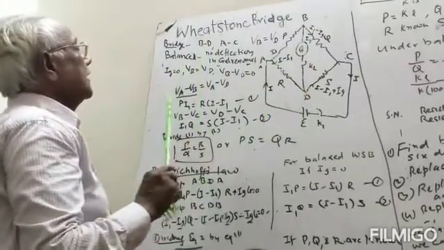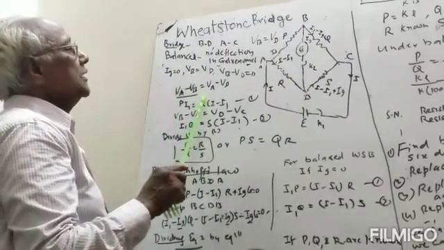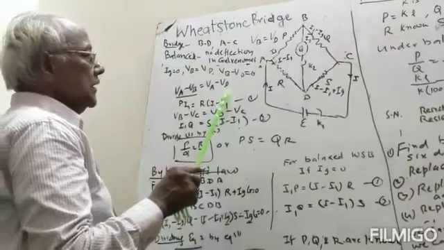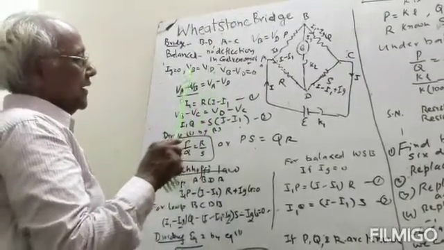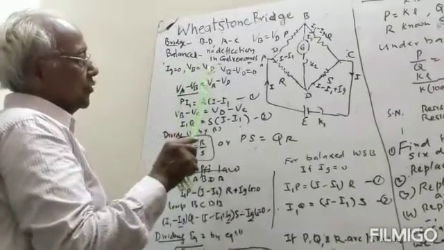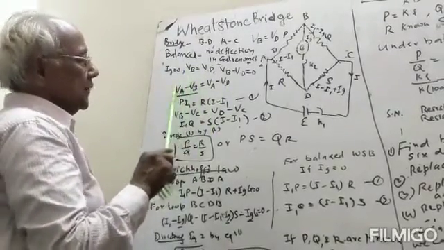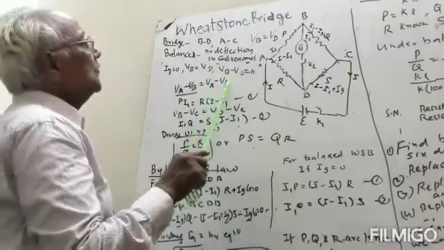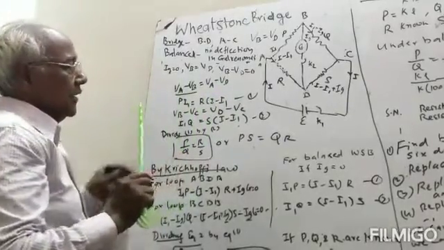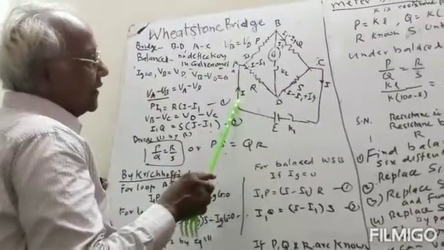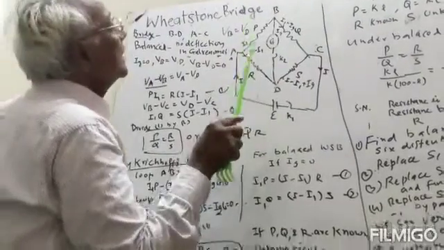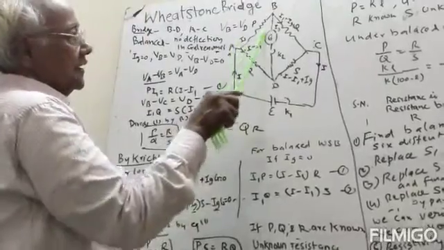So if we write it, VA minus VB is equal to VA minus VD. We have added VA here, and we may take minus VB is equal to minus VD. So this is VAB, and this is VAD. If the current of the circuit is I, it is divided, and I1 goes in this side.